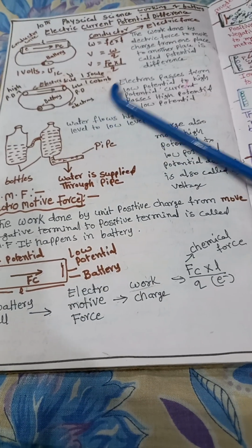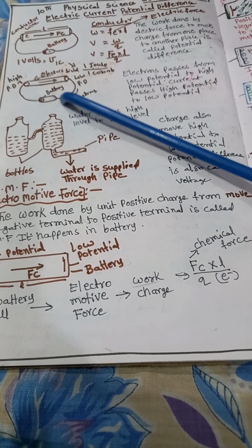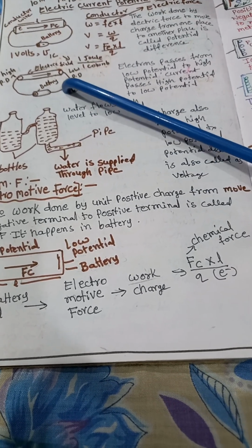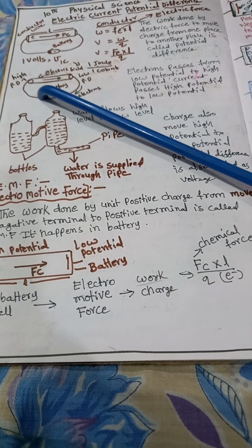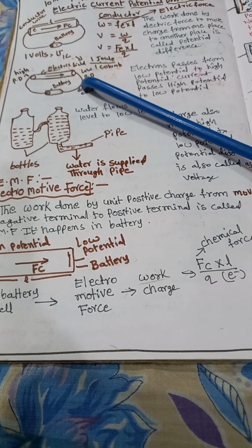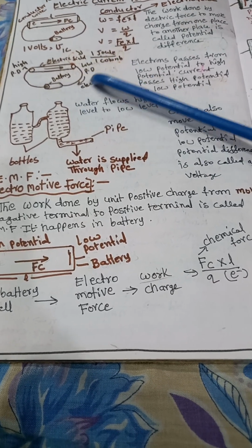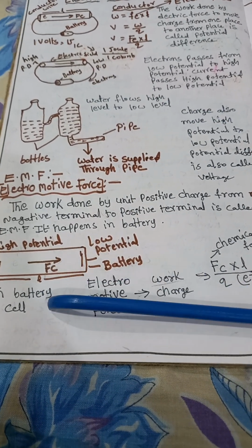Next we can see the potential difference. It happens in the wire, and here electric force makes the unit charge move from one place to another place. So we have seen the difference between the potential difference and electromotive force.